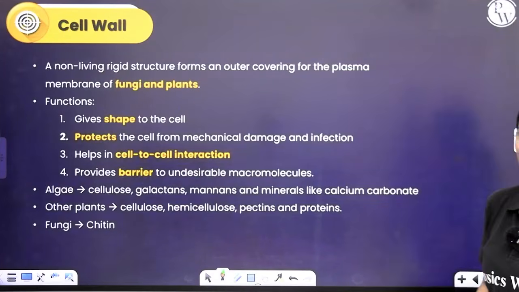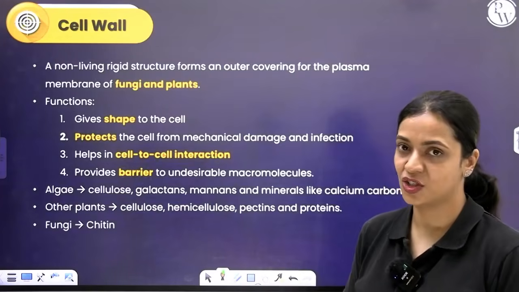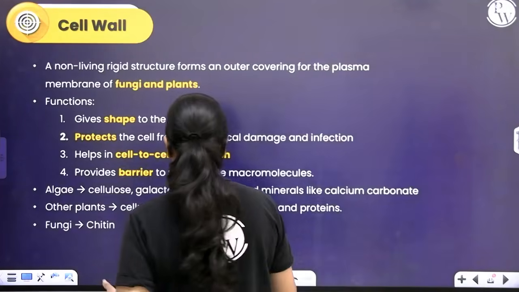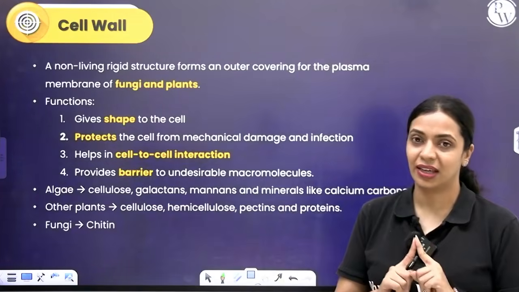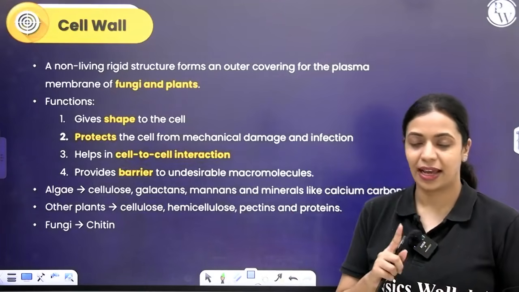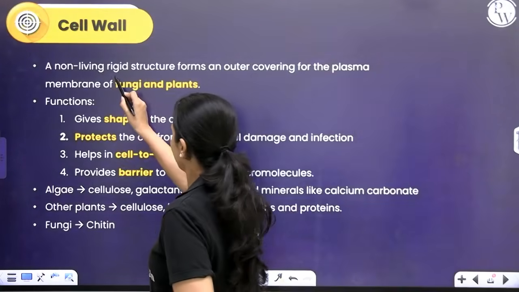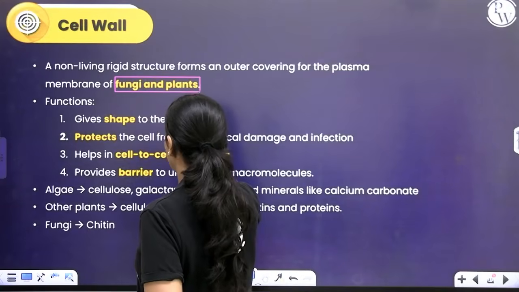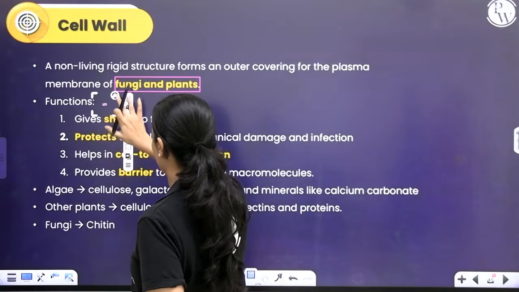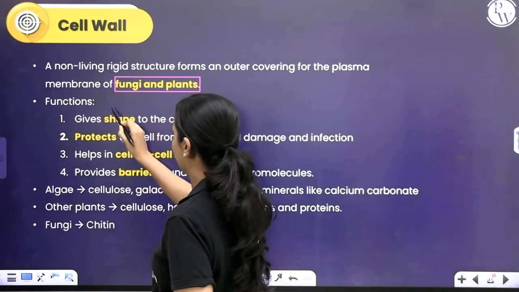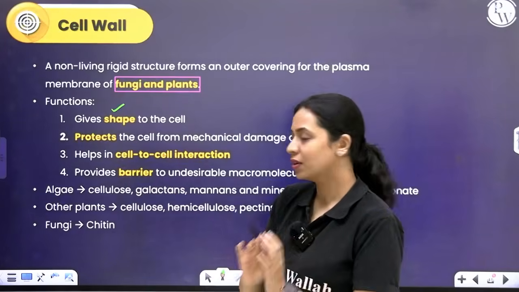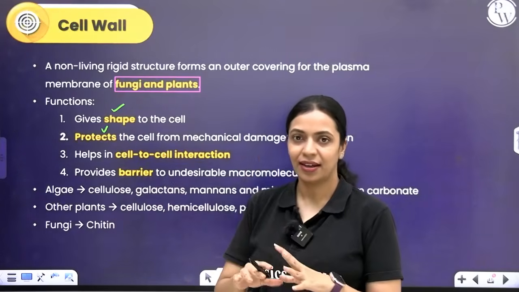Cell wall is a non-living structure. It is very rigid in nature and it will form the outermost covering in some types of cells like plant cells and fungal cells. Okay. What is its function? The function of a wall anywhere is the same. I've told you this. It provides the shape. It protects the cell.